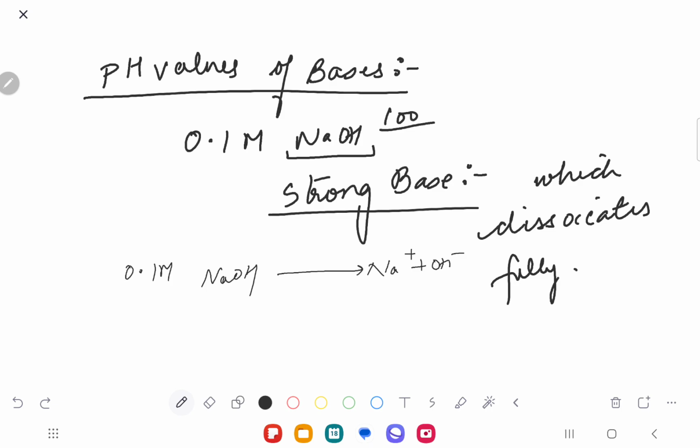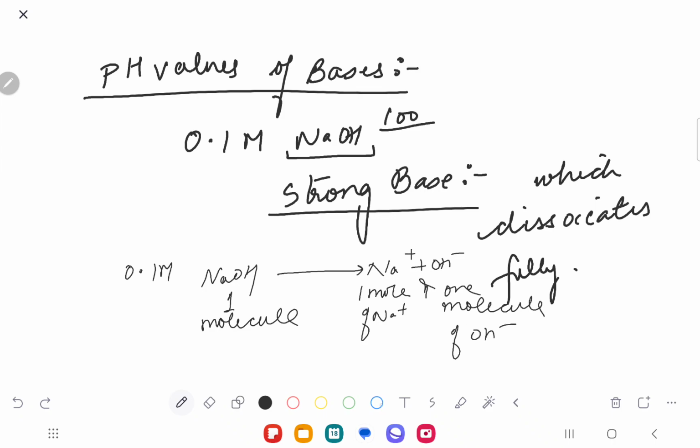One molecule of NaOH gives me one molecule of Na plus and one molecule of OH negative.